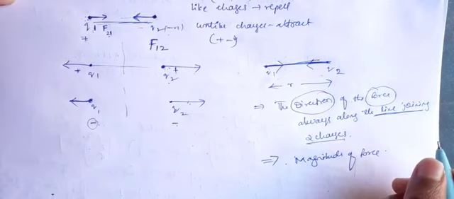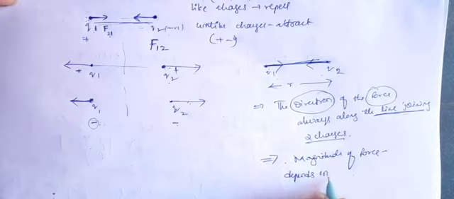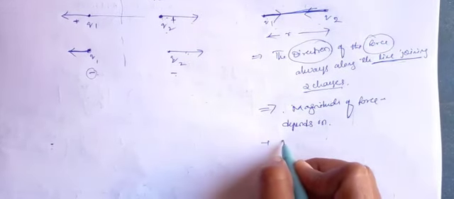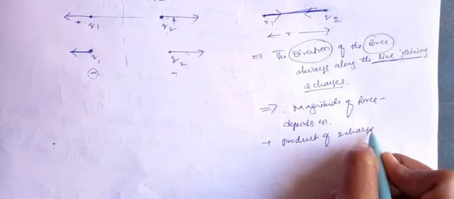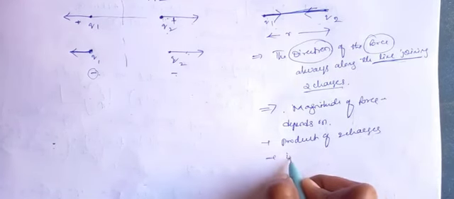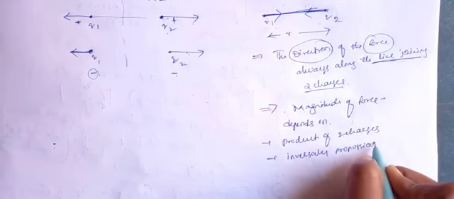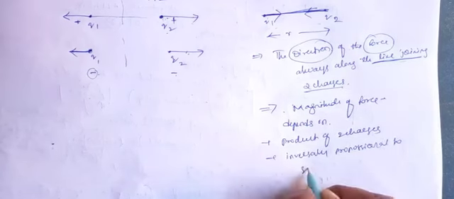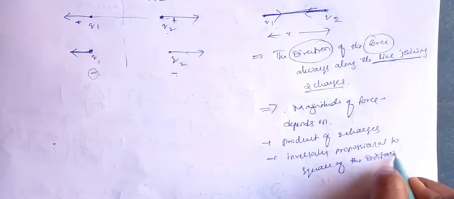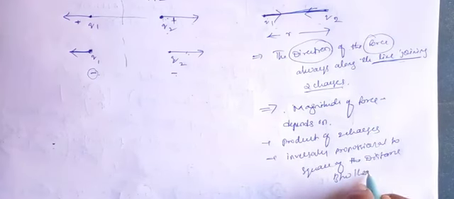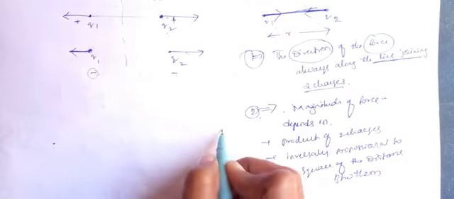The magnitude of force depends on the product of the two charges and is inversely proportional to the square of the distance between them. So one part, direction, is over, and the second part is magnitude.